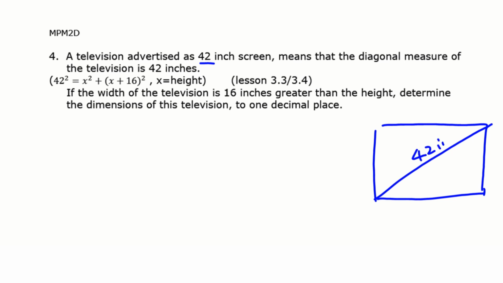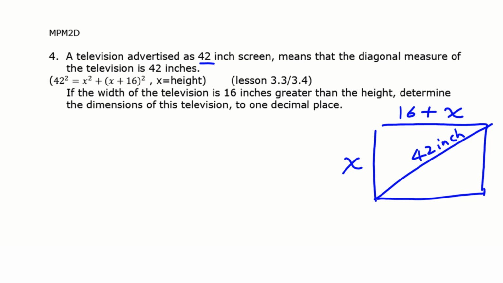This diagonal distance is 42 inches. So the width of the television is 16 inches greater than the height. Determine the dimensions of this television, the width and the height.